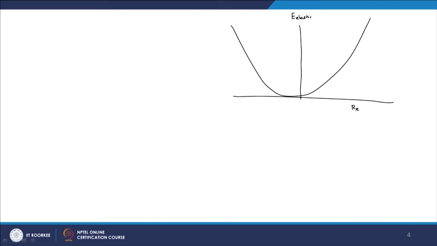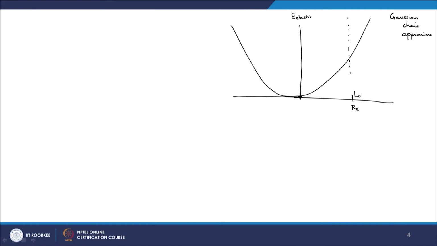Okay. So it turns out that this particular approximation, also known as the Gaussian chain approximation or the ideal chain approximation, only works for small deformations of the chain. If the Re is really very high, then we have to have improved models that somehow capture the fact that there is a maximum value of Re that is given by the contour length.